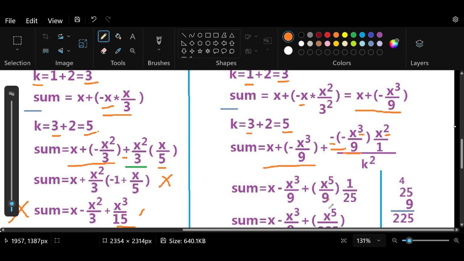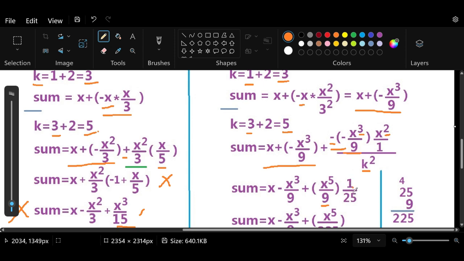Then this one's 9, and because k is 5 and we're dividing the whole thing, then to get the answer, what we can do is to make this 1 divided by 25.